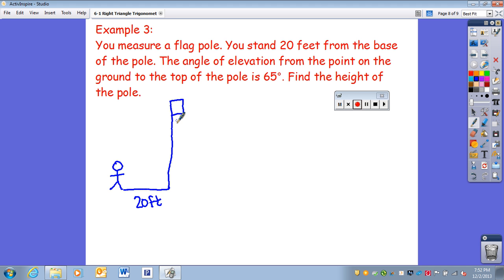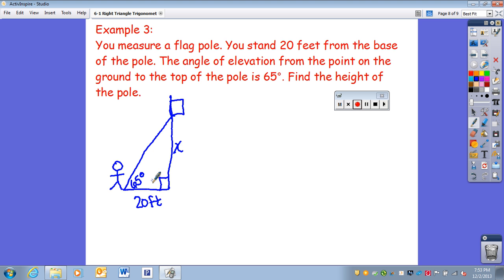The angle of elevation from the point on the ground to the top of the flagpole is 65 degrees. Here's my right angle. My flag flying. Find the height of the pole. So I want to know how tall is the pole.